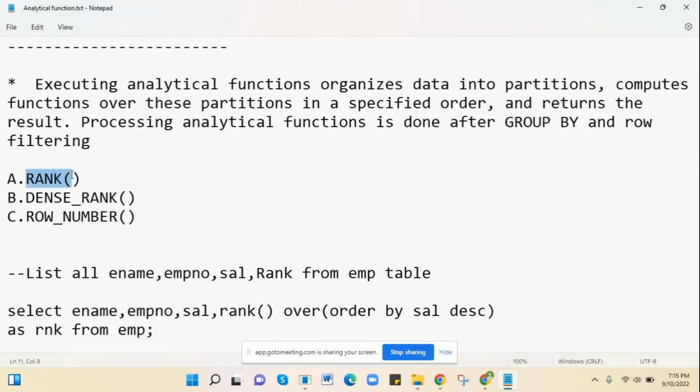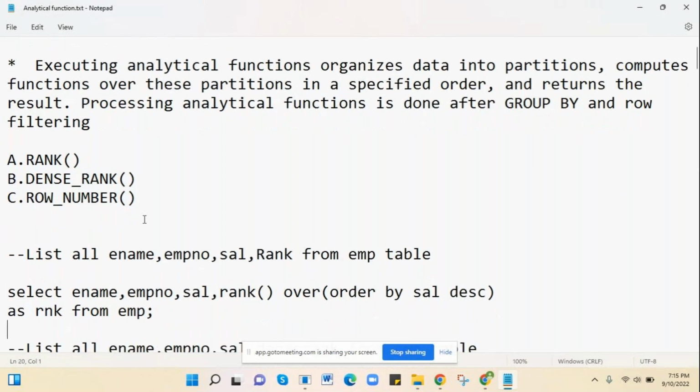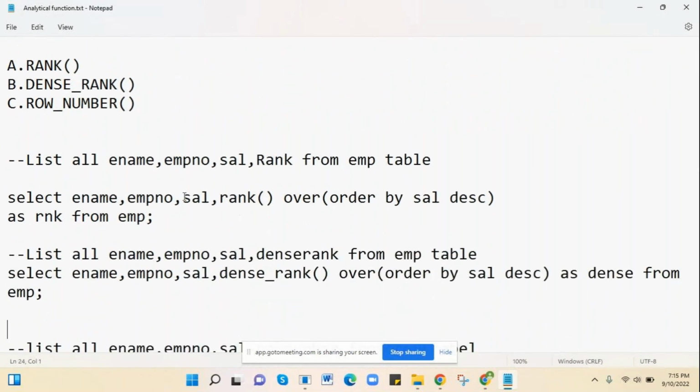Mostly we have three: rank, dense rank, and row number. List all employee name, employee number, salary, and rank. I want to find out the rank depending on the salary.